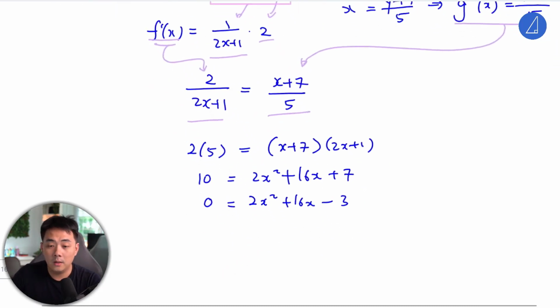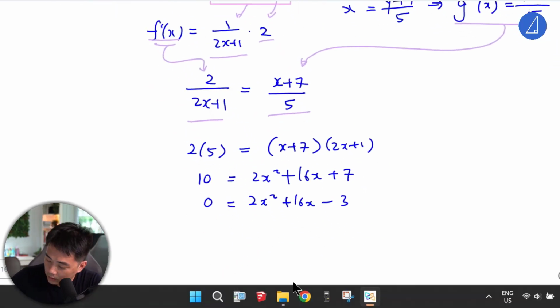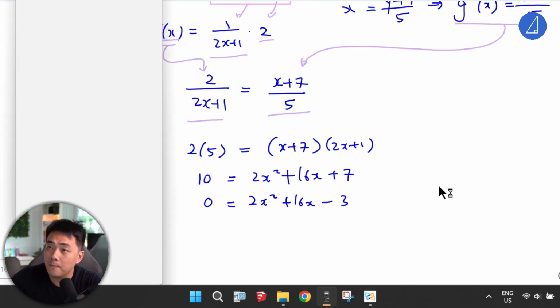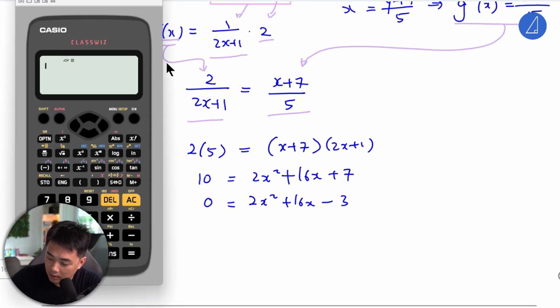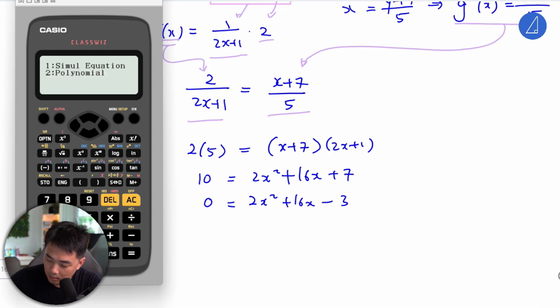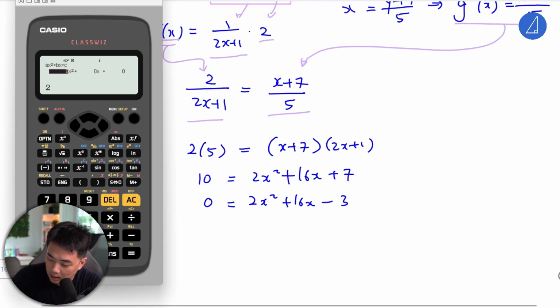Alright, in this case what I'm going to do is bring up my calculator and solve for the polynomial equation. Just solve it and hope that you see there are any roots. Oh, sorry, I think I keyed it wrongly.